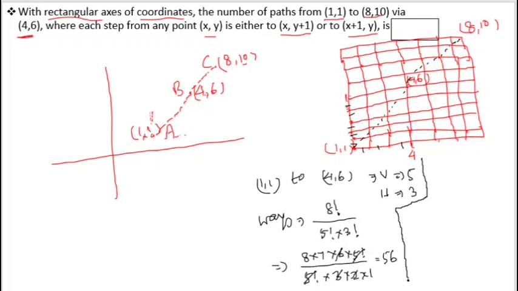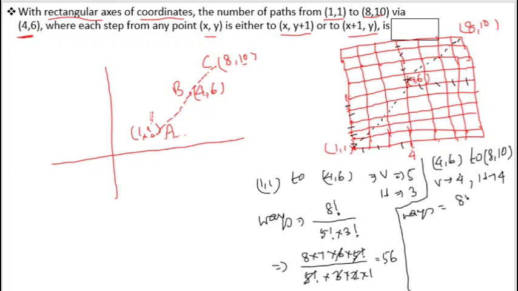Now we have to go from 4 comma 6 to 8 comma 10. So let us see how many V's there are. As you can see, from this point to this point, this is 1 vertical, 2 vertical, 3 vertical and 4 vertical. So V is 4, and how many horizontal? 1, 2, 3, 4. So H is also 4. So here also the number of ways will again be 8 factorial.